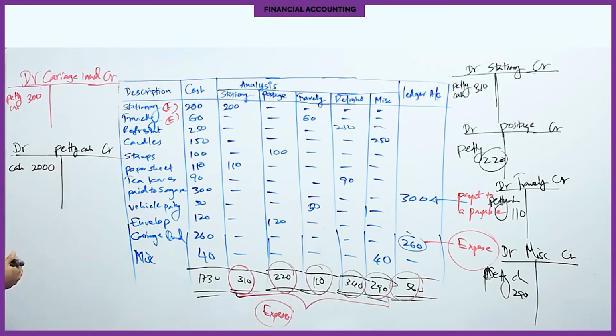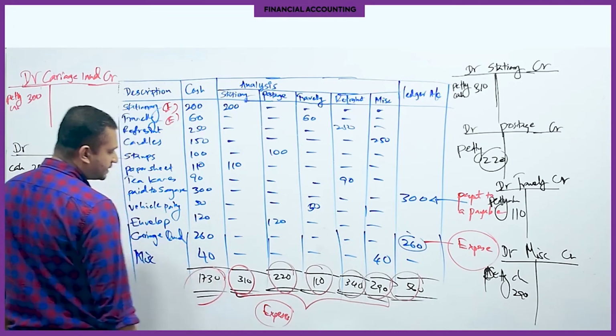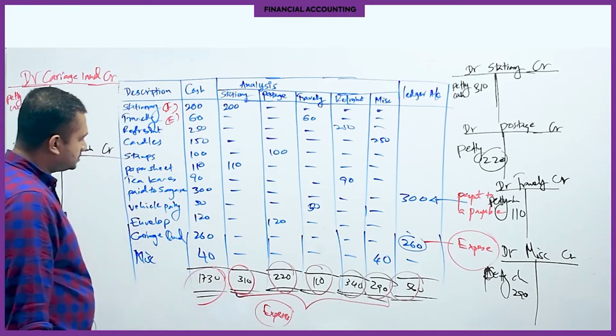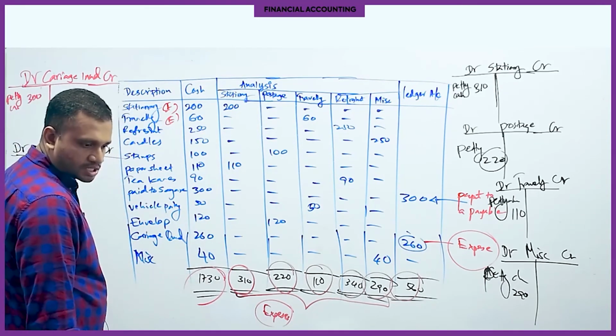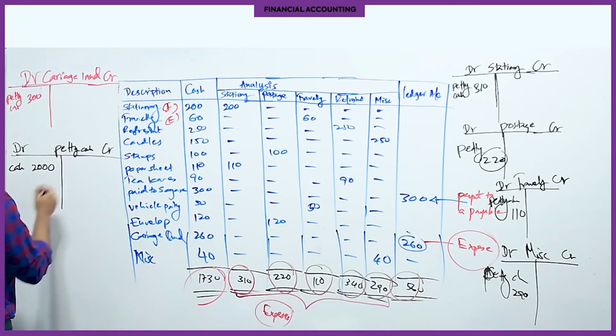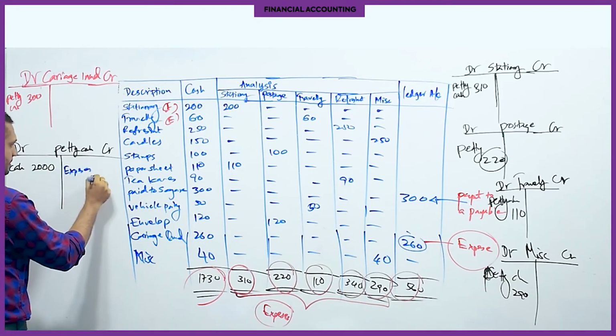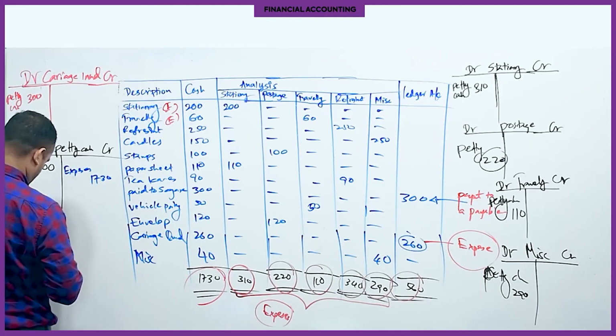So, I am drawing the petty cash account. So, you will be getting 2000, and during that period, you have already spent 1730. So, expenses 1730.